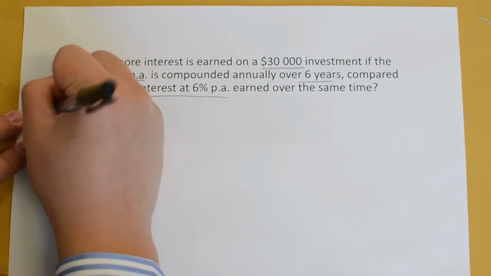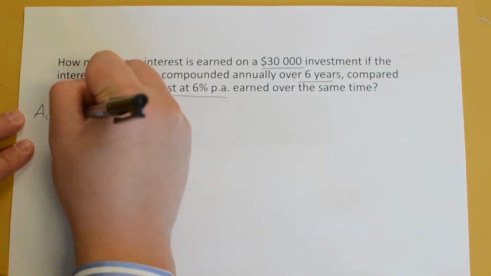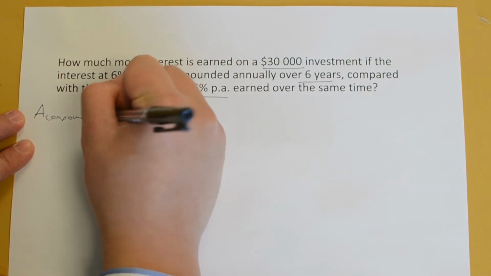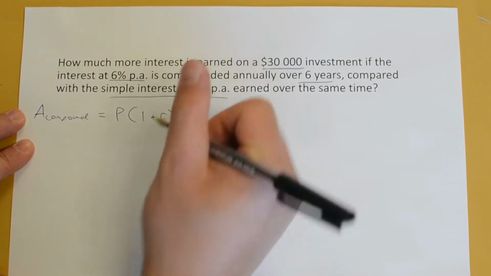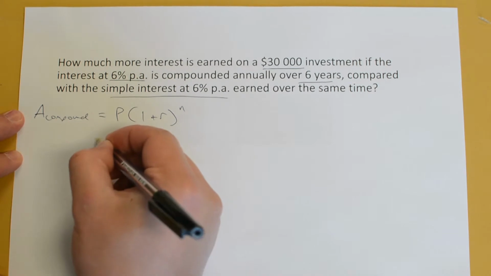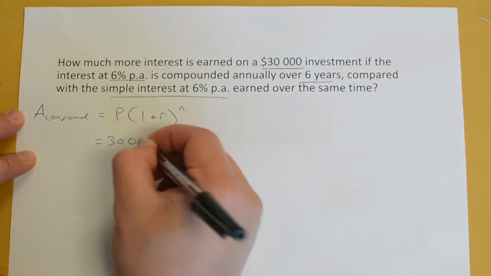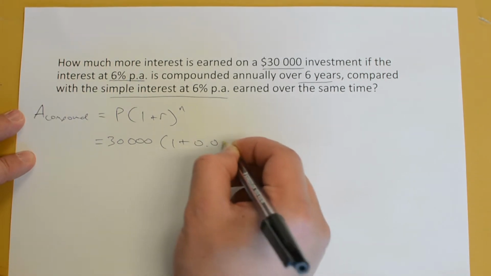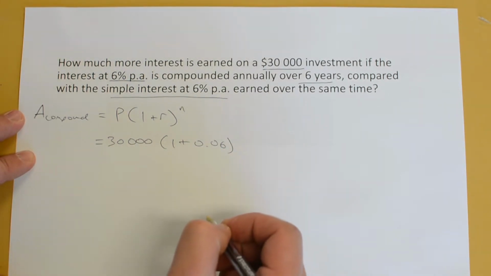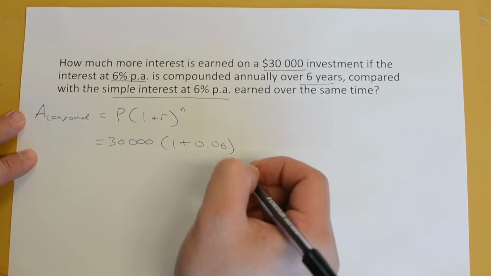So let's first calculate the compound interest, and the formula is P times 1 plus r to the n. And to fill out those details, the principal was $30,000. Your rate is 6% or 0.06 in decimal form, and the number of periods is 6.